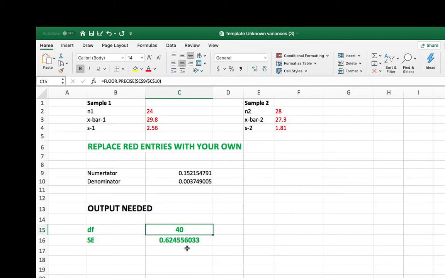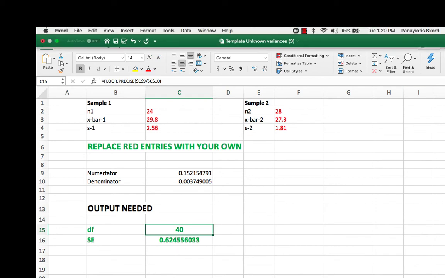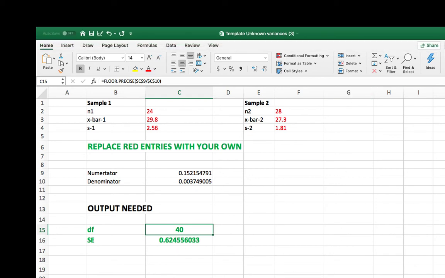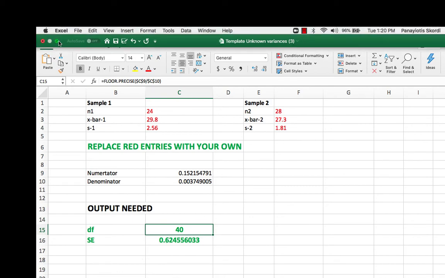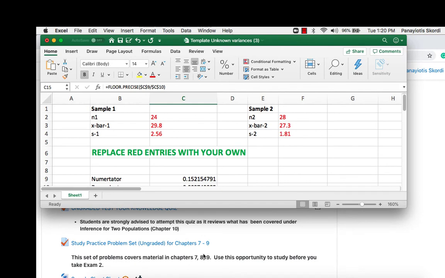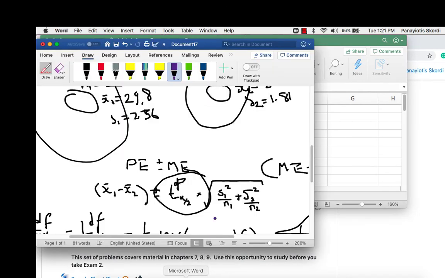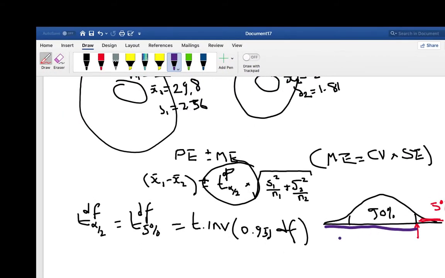So if a question asks you for a standard error, it has worked it out for us. By the way, the standard error was this thing in here. We found out that the degrees of freedom were in fact 40.